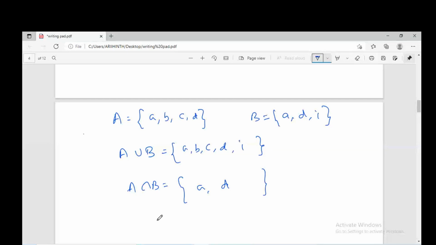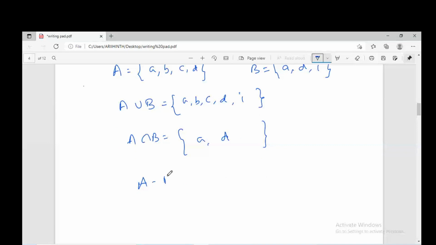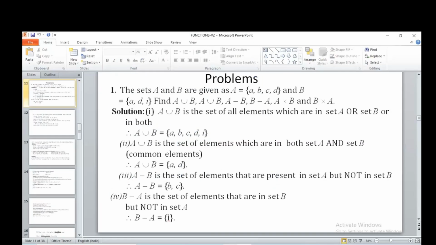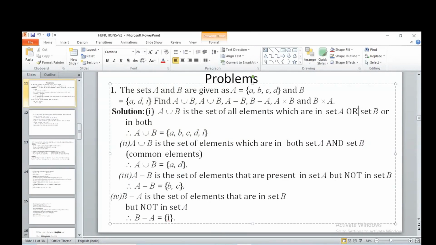Next, A minus B. Can anybody tell the answer? I'll just tell you the definition. A minus B is the set of all elements that are present in set A but not in set B. See here, I have given the relation as 'or' and 'not'.